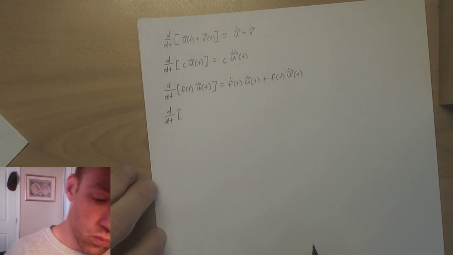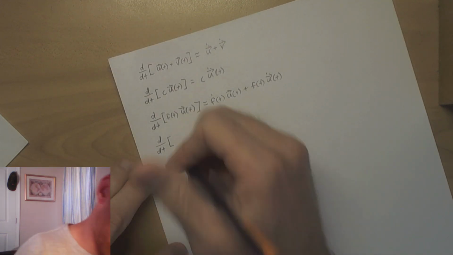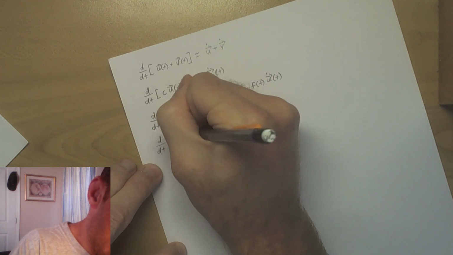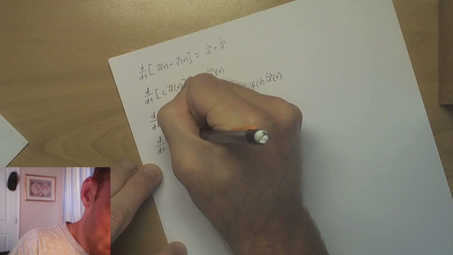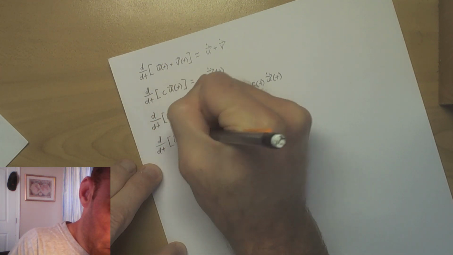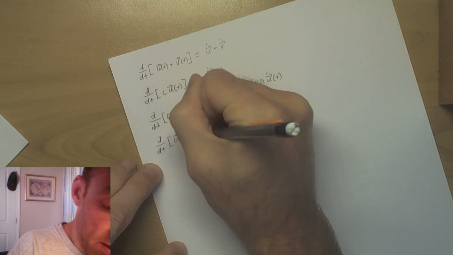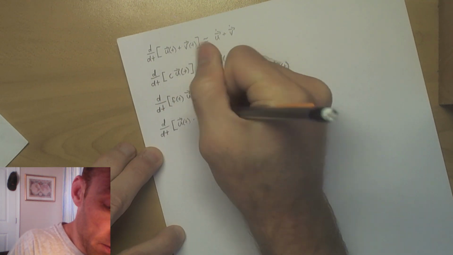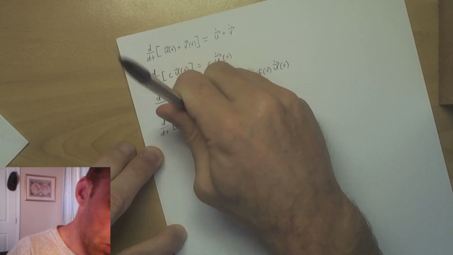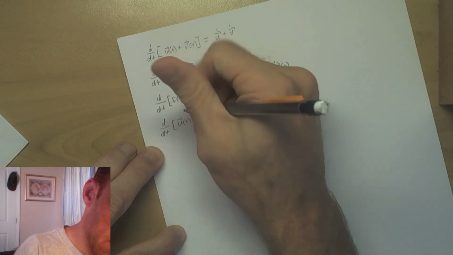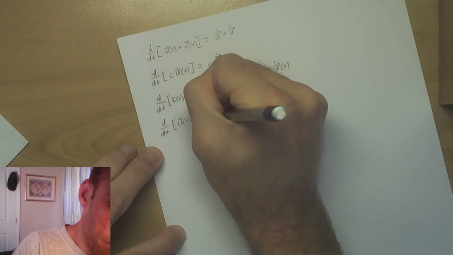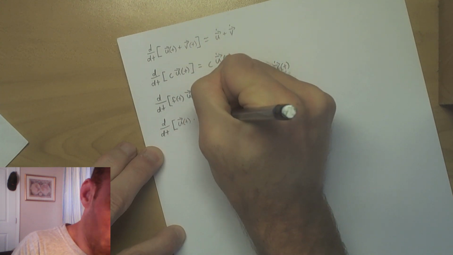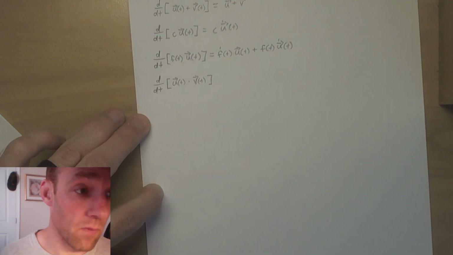So let's see here. The dot product. If I'm taking the time derivative of the dot product of two different vector valued functions, the product rule applies here as well.